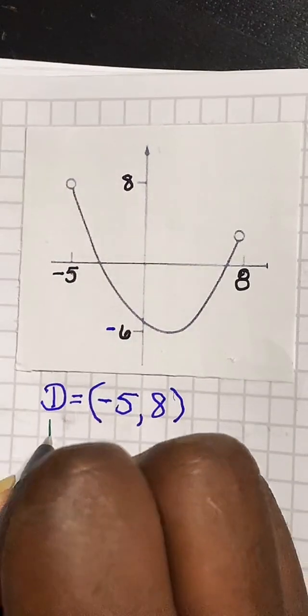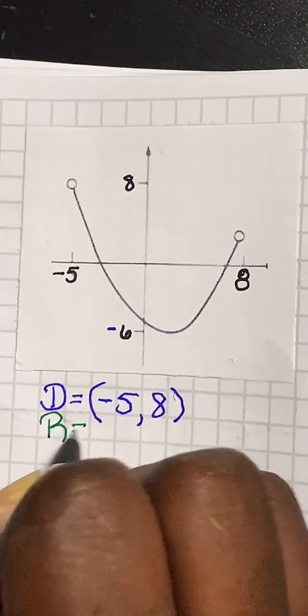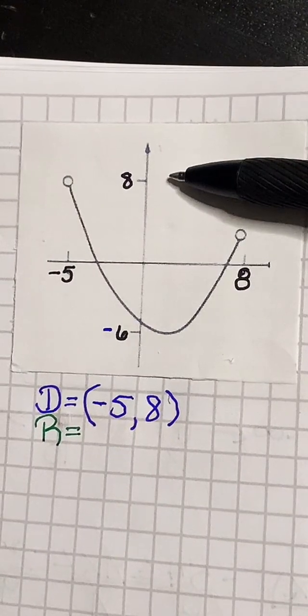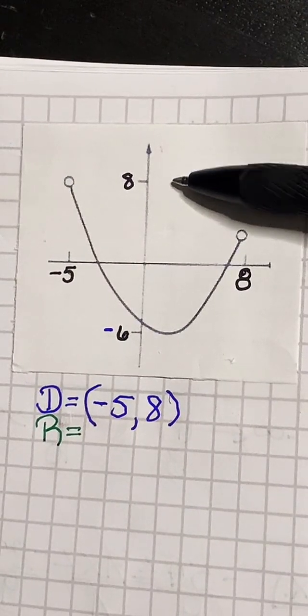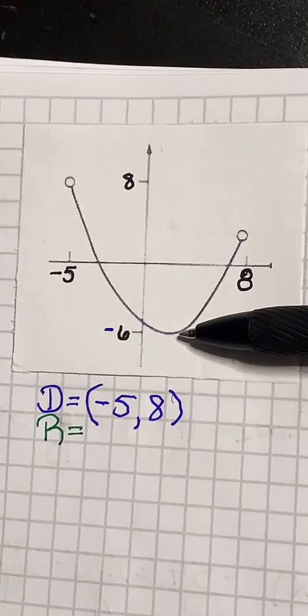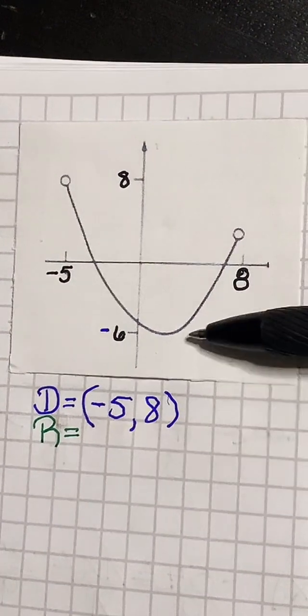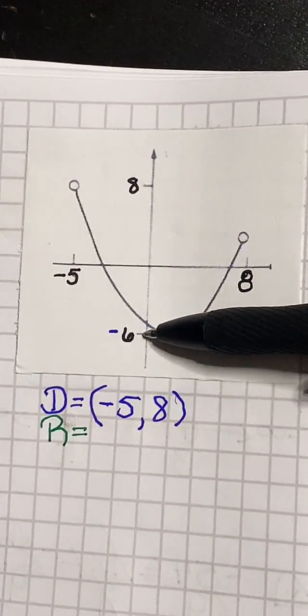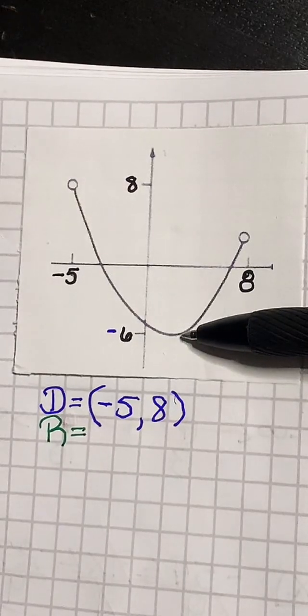Now my range deals with the lowest point and the highest point. Okay, so it's not going down, it's not arrowing down, so it's not going on to negative infinity. It's hitting this low point here where it is at negative 6.